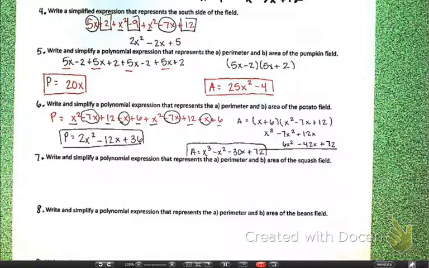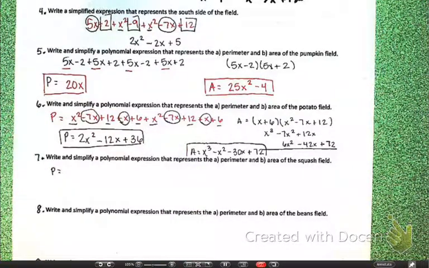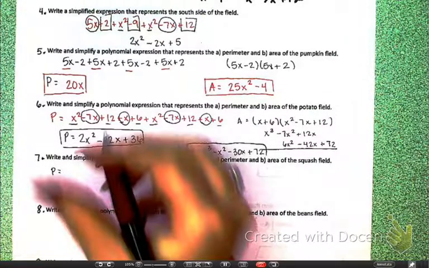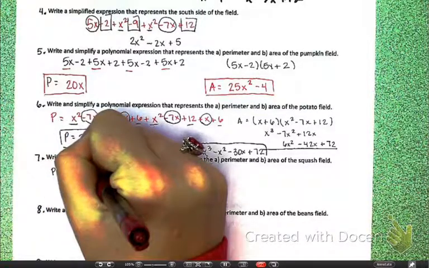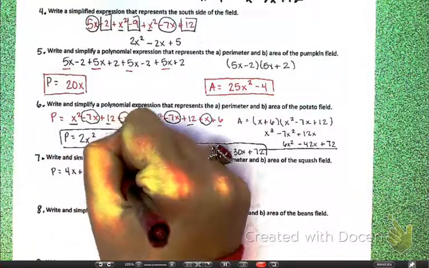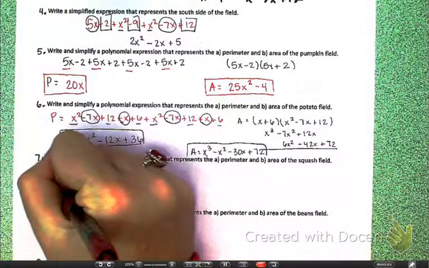So if I'm looking at the squash field, this one's going to be a lot quicker. We're just going to go through it. So if I look at the squash field, look at your picture above because I know you can't see mine. We have a 4x, an x, a 4x, and an x for perimeter. 4 plus 1 is 5, plus 4 is 9, plus 1 is 10.